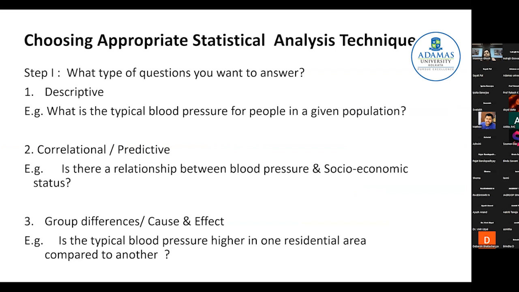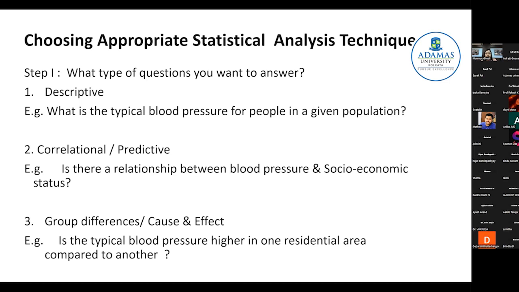If you want to understand the pattern of a sample, or the way your collected data is behaving, then the best statistical analysis tool is descriptive statistics. You describe the data through mean, median, mode, standard deviation, variance, skewness, and kurtosis. That's better.